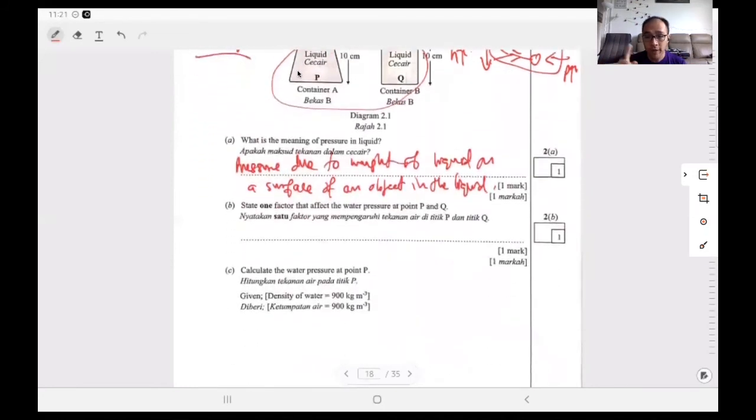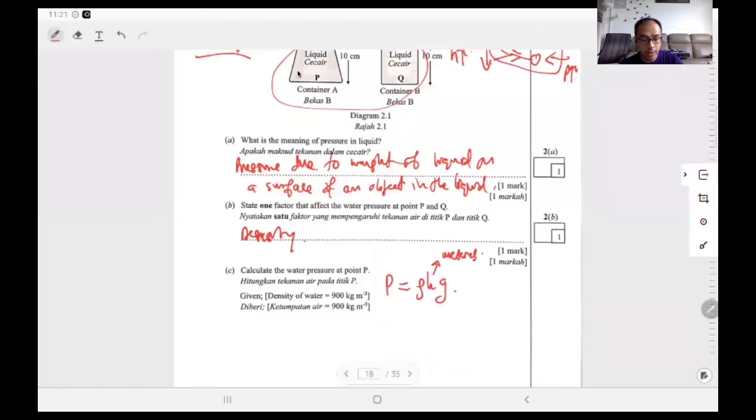Okay, state one factor that affects the water pressure. Okay, this is density. Okay, calculate the water pressure. Okay, the formula for water pressure is P equals rho h g, but please remember to change this to meters.